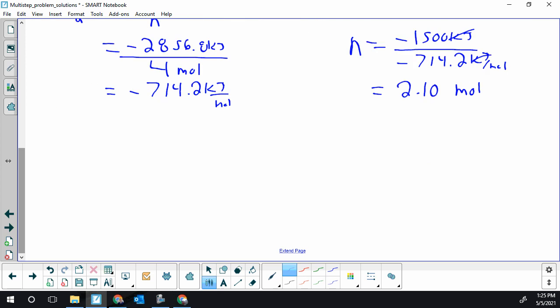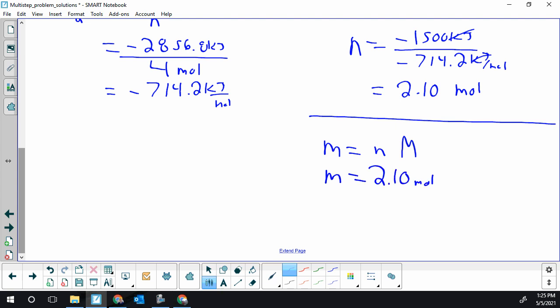Okay. That's pretty much it for our thermodynamics. Now it's back to Science 10 or Chem 20 mass calculation. You know, what mass was created or is equivalent to that many moles. So mass is moles times molar mass. So the mass is our 2.10 moles multiplied by the mass of 1 carbon and 2 oxygen.